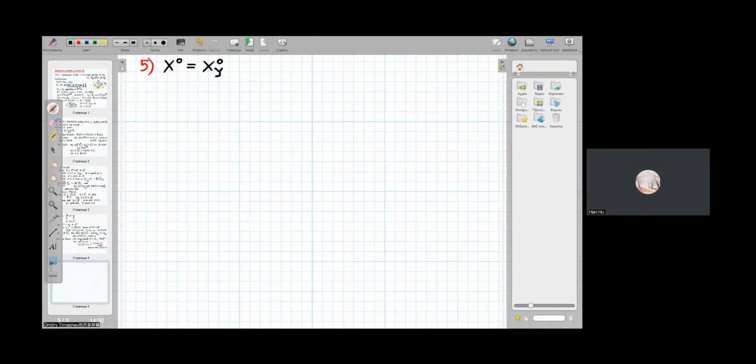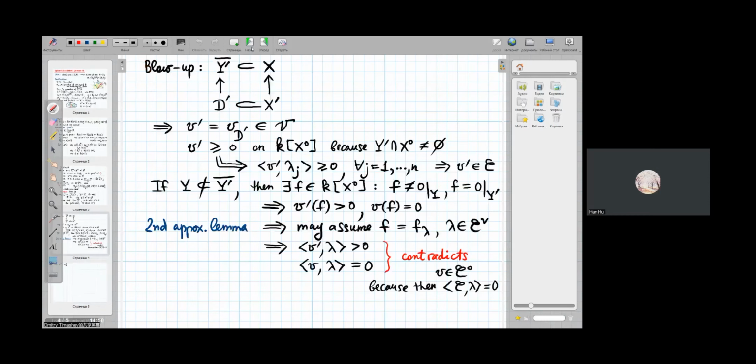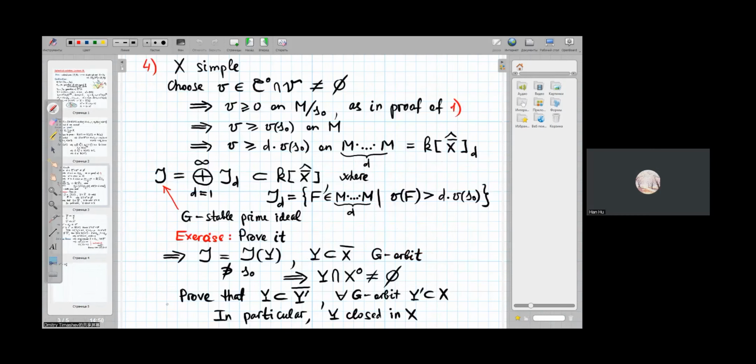So we have already proved that the orbit Y is the unique closed orbit in X. It is contained in the closure of any other orbit. In particular, this implies that Y is closed, because if Y were not closed, then Y would contain a smaller orbit in its closure.